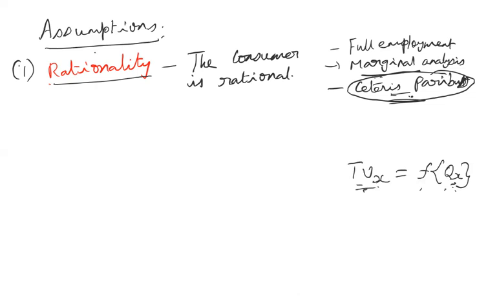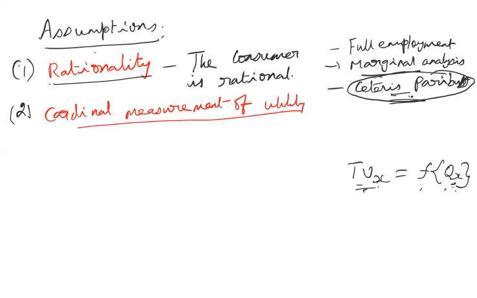Then the second assumption is the cardinal measurement of utility. I already mentioned to you what the meaning of cardinal measurement is. In our example, we are measuring the total utility and marginal utility in terms of numbers, cardinal numbers, isn't it?